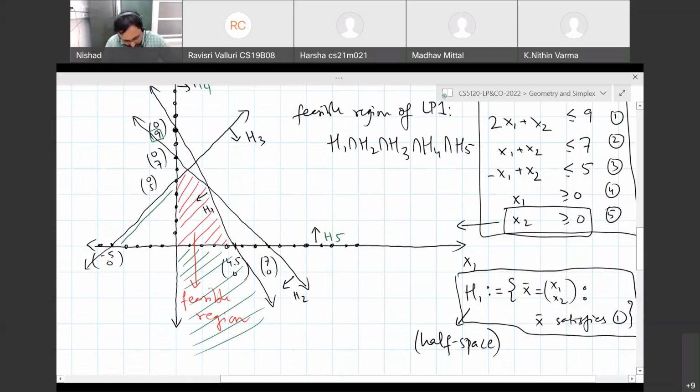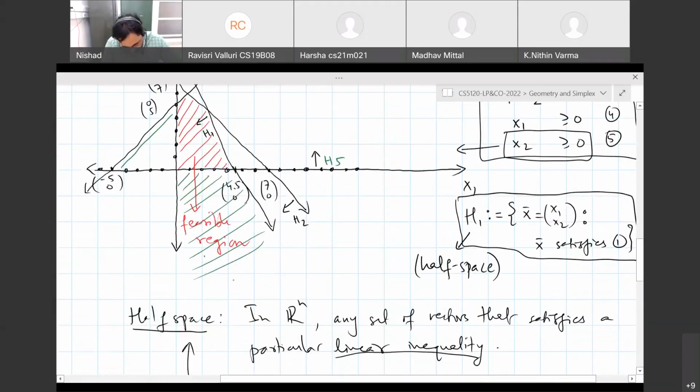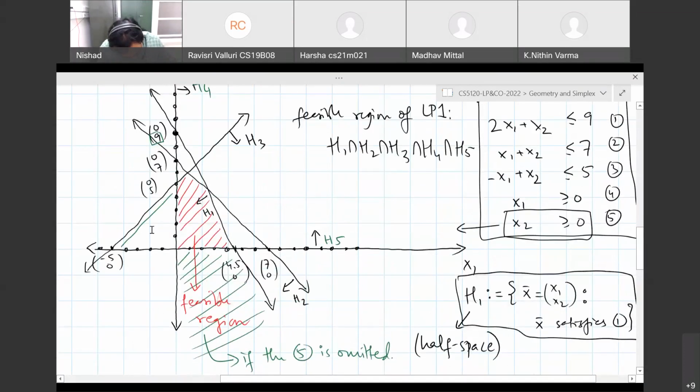So this is the feasible region if the constraint 5 is omitted. Okay, because now we are also allowing x2 to be negative. Okay. I wanted to erase this line here, but it's too close to the other line. Okay, I got it.